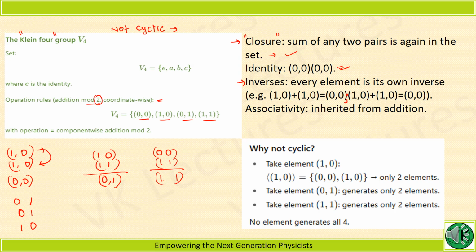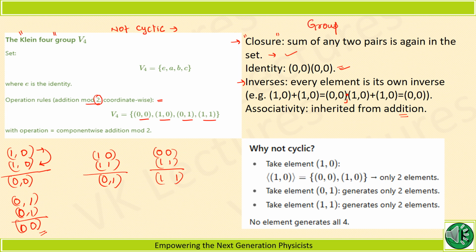So (0,1) plus (0,1), you get (0,0). I hope it's clear. So (0,1) has its inverse as (0,1) itself. You get the identity element (0,0), which is again in the group. And associativity, it's an addition property, which holds in the group itself. Okay, so it follows the properties of a group.